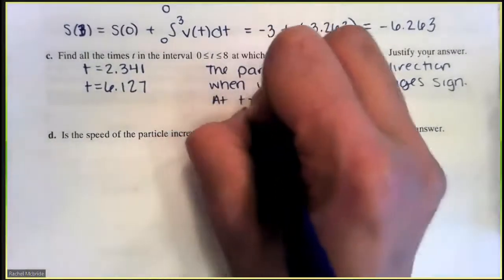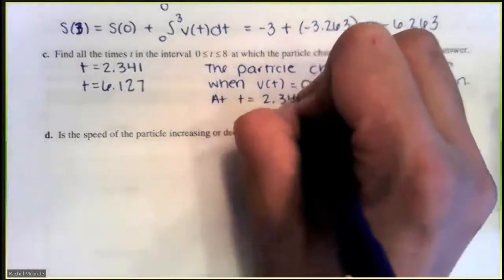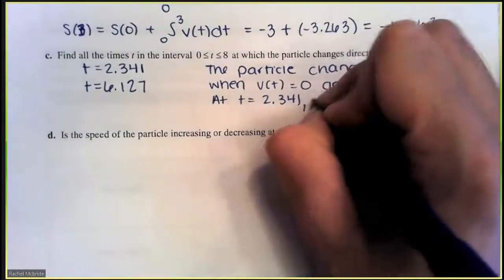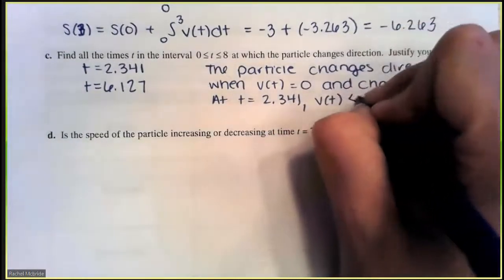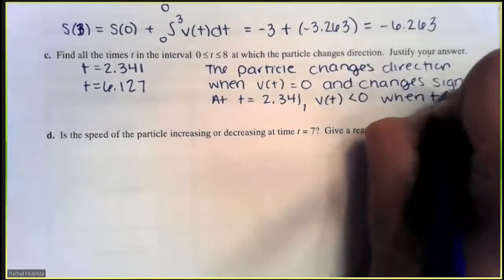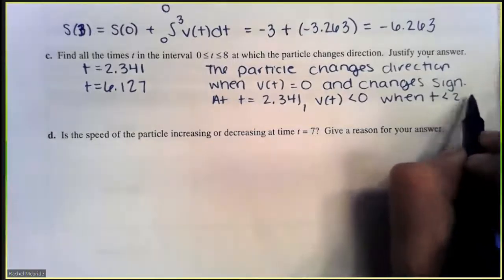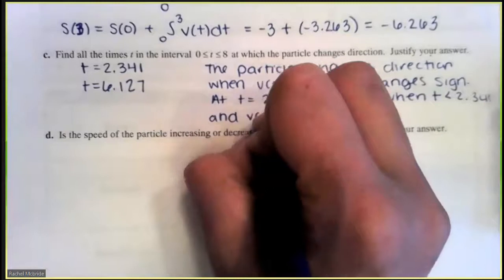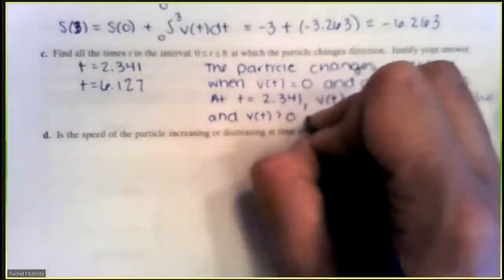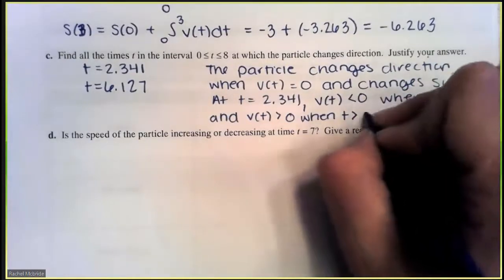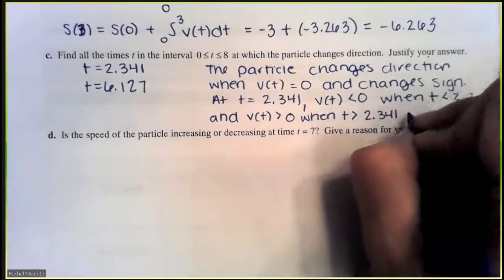At t equals 2.341, v of t is less than 0 when t is less than 2.341, and v of t is greater than 0 when t is greater than 2.341.